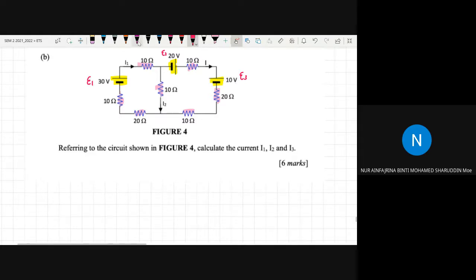So, this is going to be my resistance 1, resistance 2, resistance 3. You guys label however you like, as long as you know what you're doing. 4, 5, 6, 7. Okay, settle.